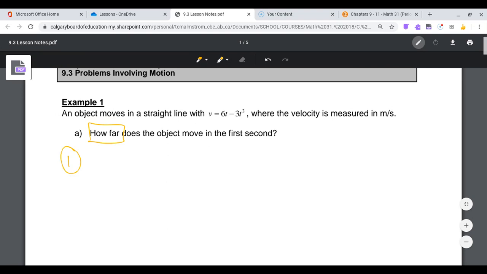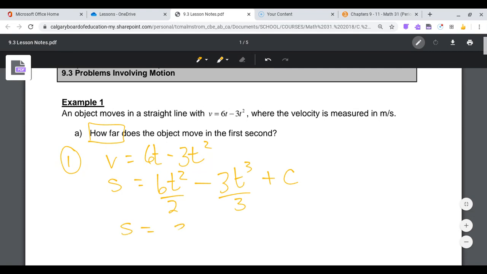So I need to take the antiderivative of my velocity function. So s would be equal to 6t squared on 2 minus 3t cubed on 3 plus some constant c. So as I try to find my c value, let's just tidy this up: 3t squared minus t cubed.